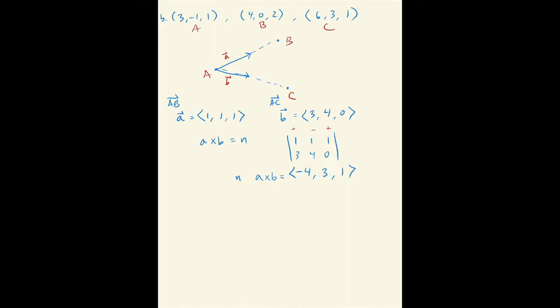So this is the normal vector. So for the equation of plane, we can use the previous formula. Minus 4(x minus 3) plus 3(y minus 4) plus 1(z minus 0), because I already made A our initial point.